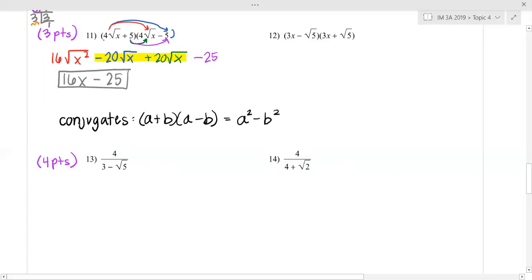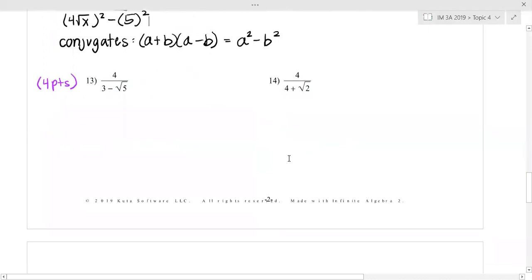So if I think about this, this is 4 radical x squared minus 5 squared, because in the original problem, a, the first term, was 4 radical x, b, the second term in each, was 5, and one was a plus, one was a minus. So I could have recognized that and used the shortcut, because we do use the shortcut in the next problem.